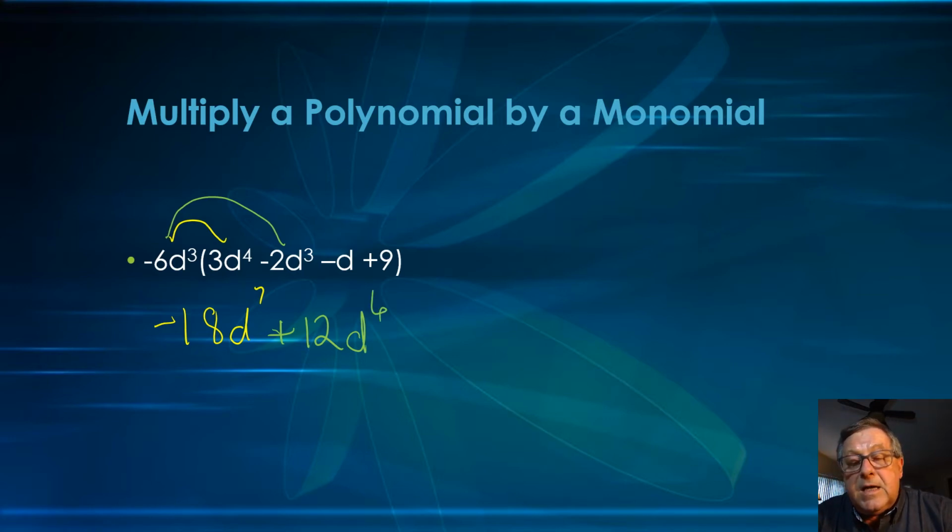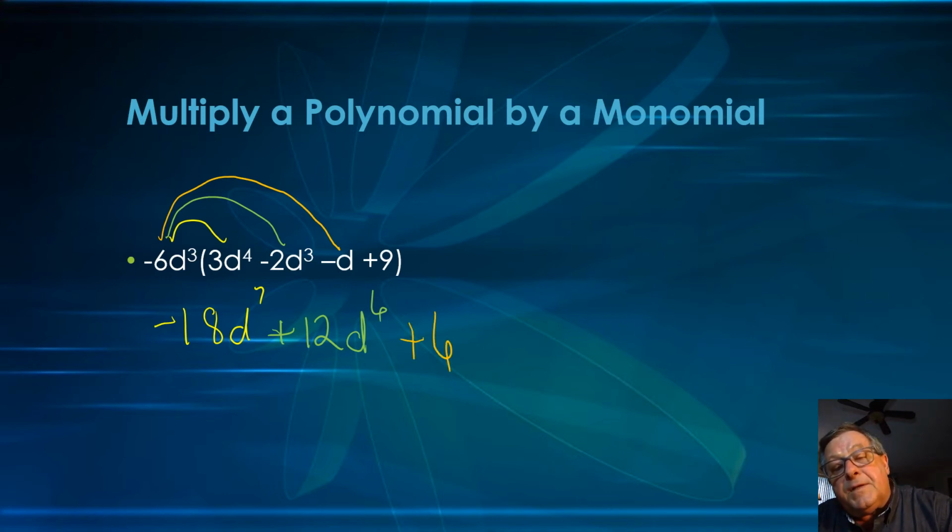Let's see. Now we're going to do negative 6d cubed times negative d. Let's see, negative 6 times negative 1. Remember, we assume that there's a 1 in front of that d. That's going to give us positive 6.